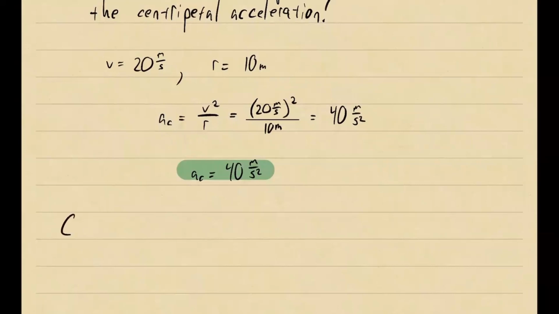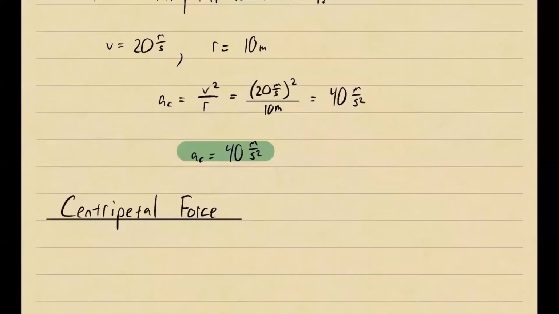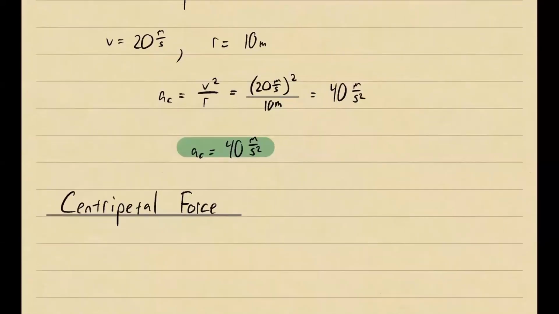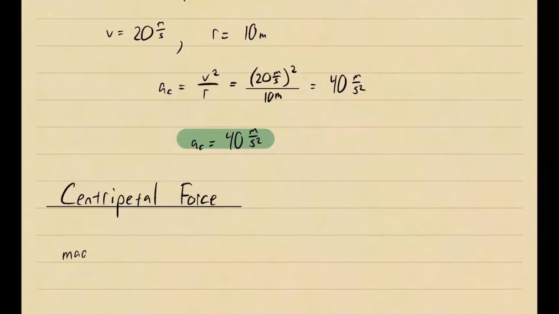So let's write down centripetal force. We talked about the acceleration, but now we're talking about the force that causes that acceleration. This is from Newton's second law. And so we have a magnitude for this centripetal force.